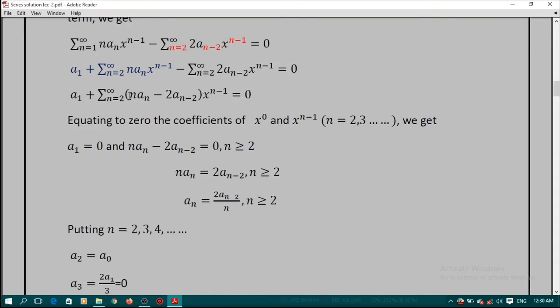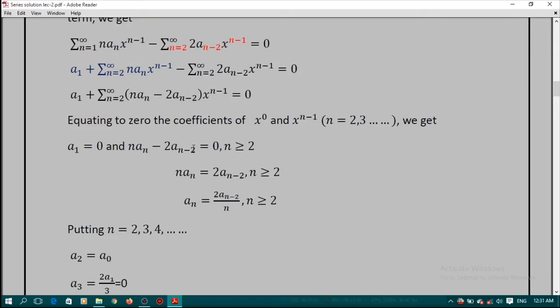Now here coefficient of x raised to n minus 1 is n an minus 2 an minus 2, and on the right hand side the coefficient of x raised to n minus 1 is 0. So equating this coefficient with 0 we get n an minus 2 an minus 2 equals 0, where n is greater or equal to 2.